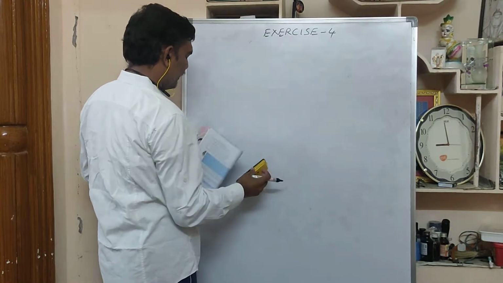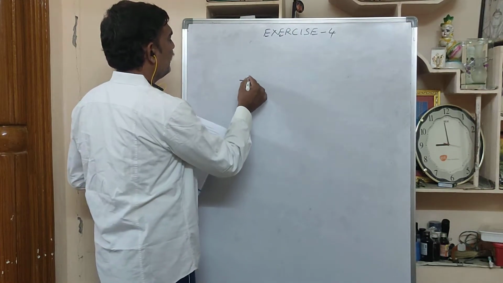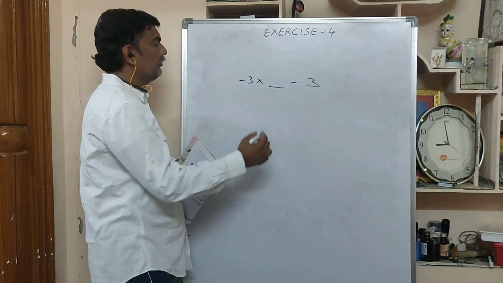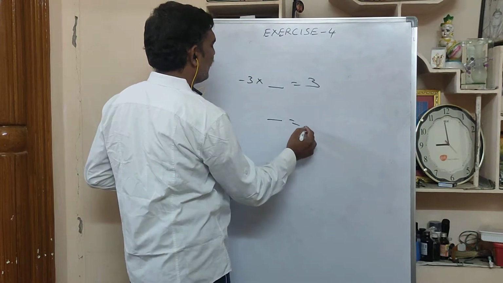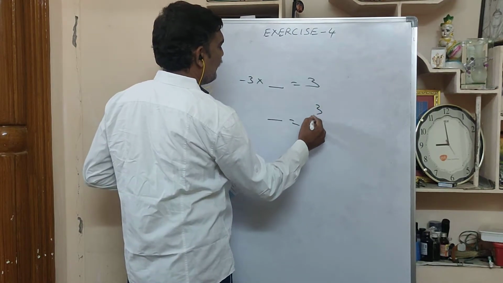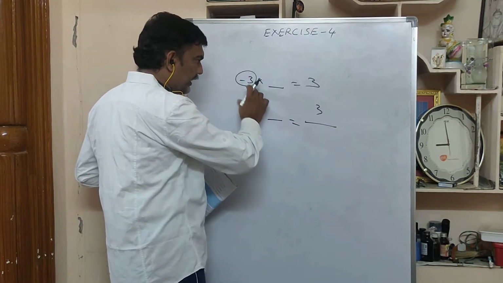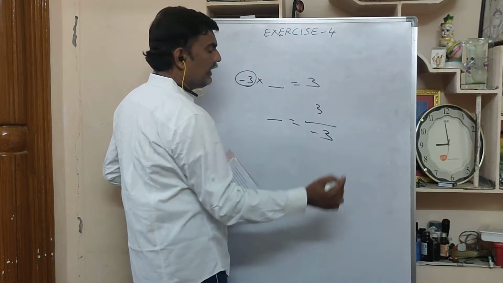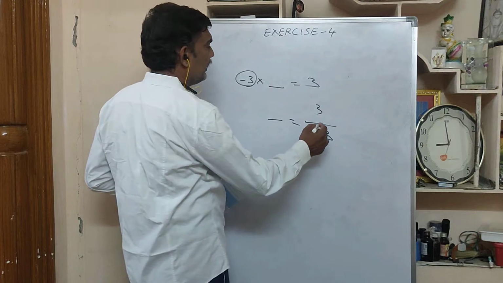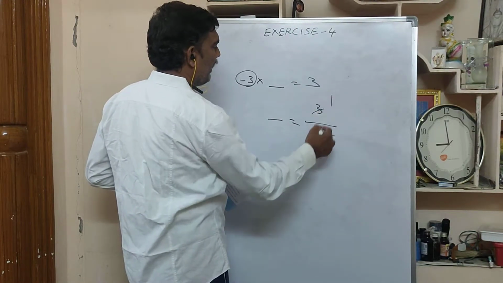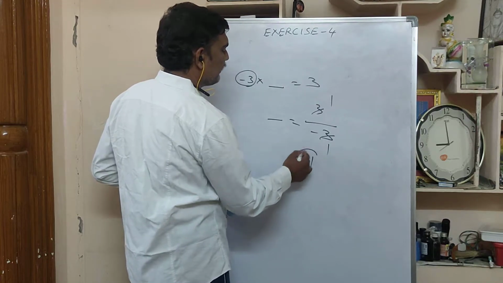Same problem you can do in another method. Minus 3 into dash is equal to 3 is there. So this dash, keep it here only. This 3 will be in the numerator. The minus 3 multiplying quantity you are taking to the right hand side. It will divide. So here 3 ones are 3. So 1 by minus 1 is nothing but minus 1 only.